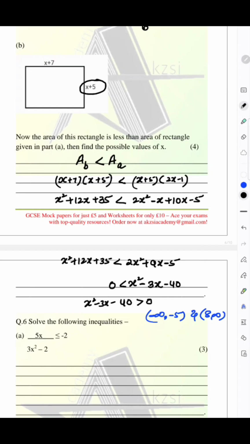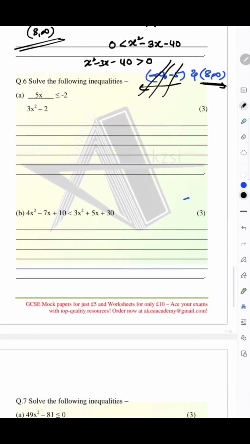Less than negative 5, so negative 6, negative 7, will make the whole length negative, which is not possible. So 8 to infinity is definitely correct, but negative infinity to negative 5 is not correct, because even if you put negative 5 here, it will make this negative, which is not possible. So discarding that entirely, our possible values for x will be 8 to infinity.